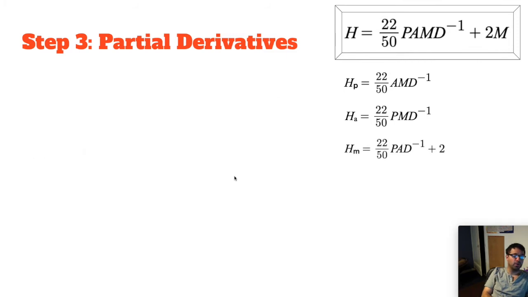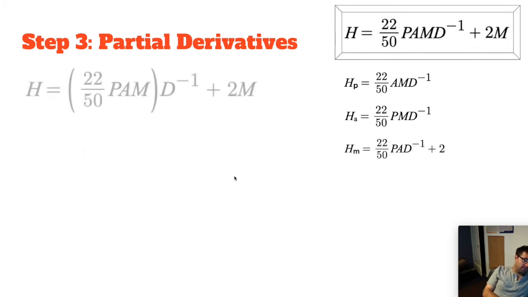And this is the tricky one, where we have D. We know that the plus 2M is going to cancel away. There's no D, so it's just going to be times 0, so that disappears. The first half, though, we have to bring the negative 1 down in front and then subtract 1 from the original exponent to get the new power.